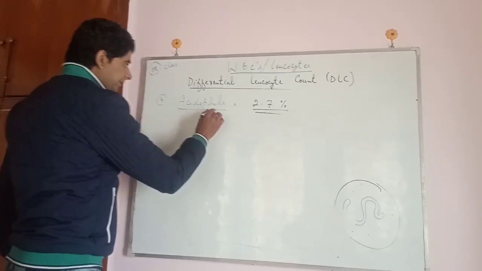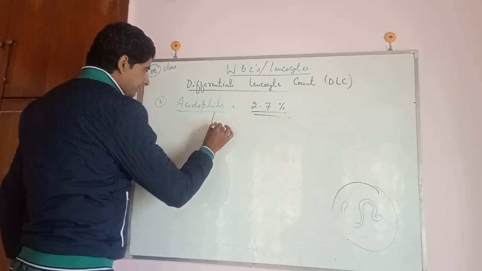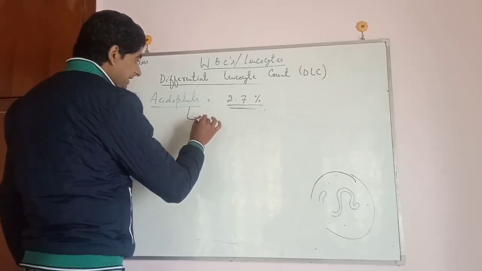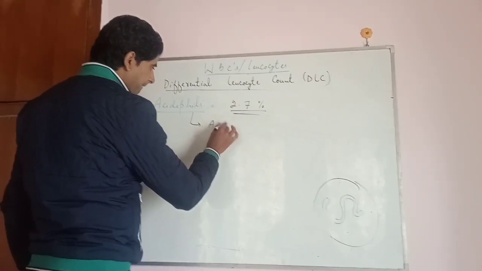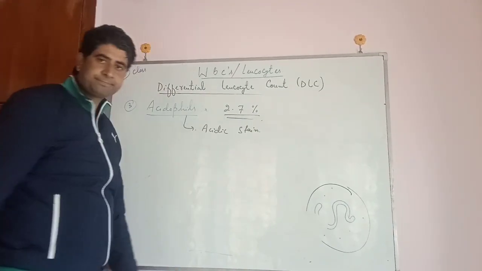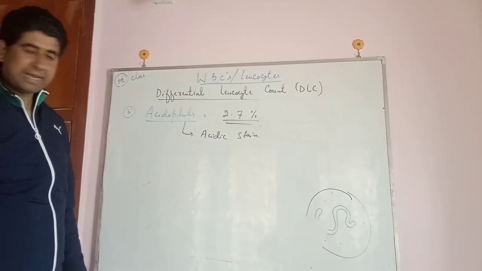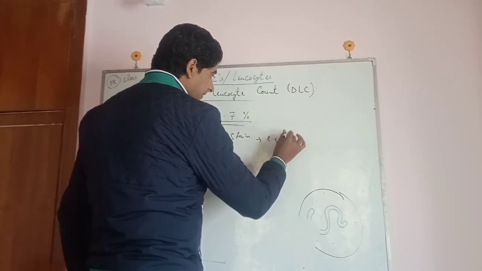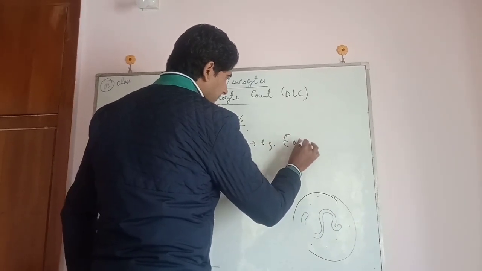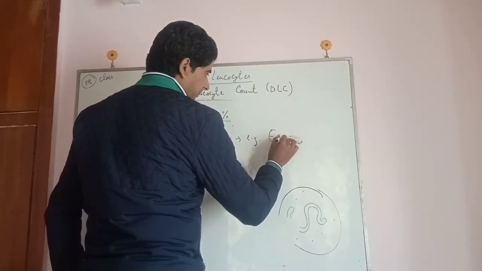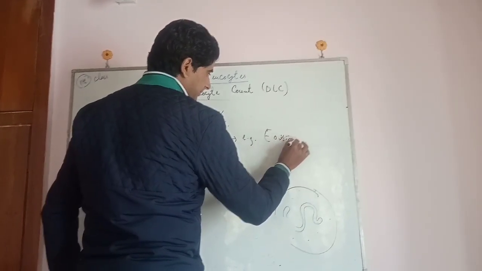Now, why have they been termed as acidophils? Because they take up the acidic stain. And the example of the acidic stain is eosin.